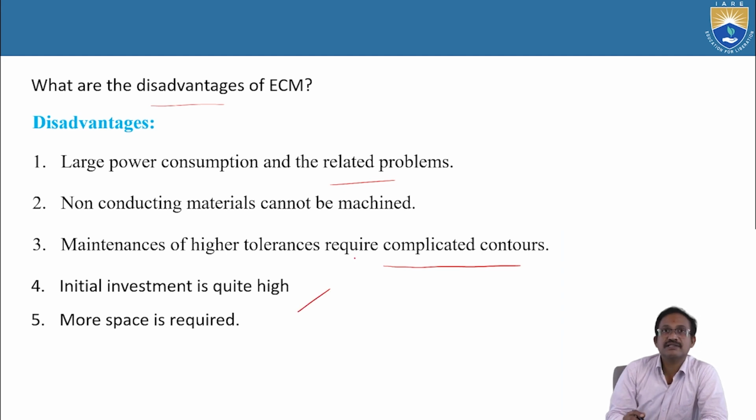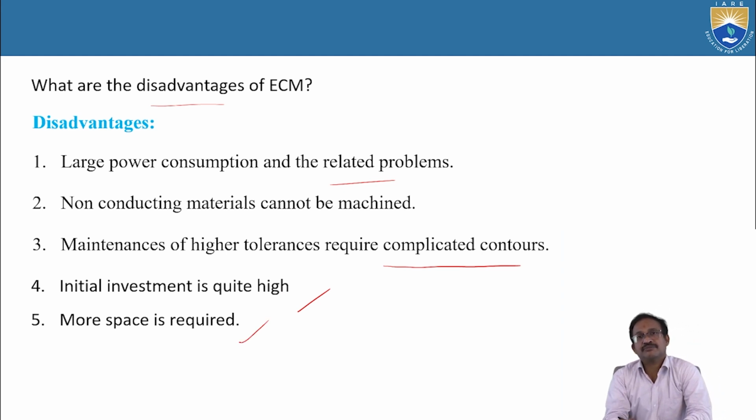Initial investment is quite high. More space is required. For the electrochemical machining process, the setup is somewhat bigger in order to maintain the entire chemical inflow, overflow and outflow. We must have more space.